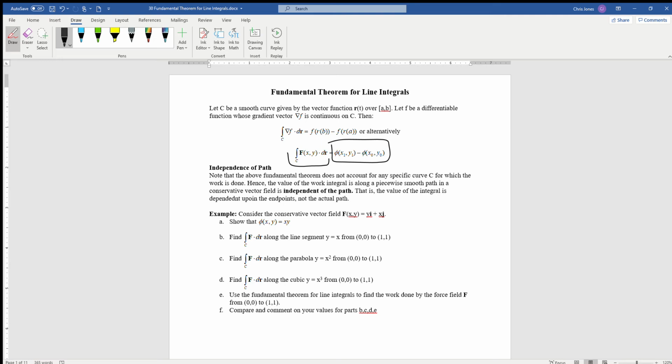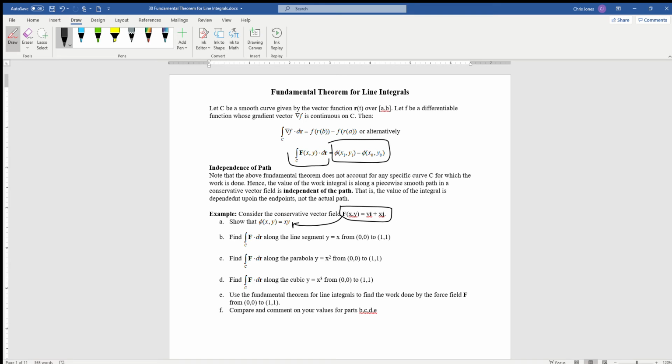So just to illustrate independence of path, let's take a look at a really basic example of this. So let's say we have this conservative vector field, F. Okay, so F is equal to y i plus x j. Now later we're going to show how to get to the potential function. All right, but for right now I'm saying to just verify that the potential function is xy.